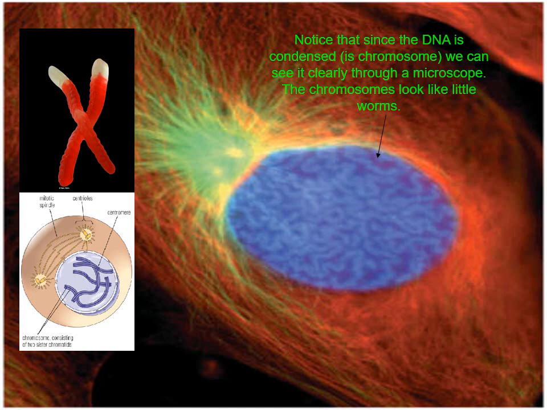So here you can see prophase. The chromosomes have started to condense. The DNA has started to condense by wrapping itself more tightly around the histone proteins, and you can see those little worm structures there because the chromosomes are a lot thicker than the chromatin. The reason we want our DNA to go from chromatin to chromosome is because during mitosis and meiosis, you have to move the DNA around.